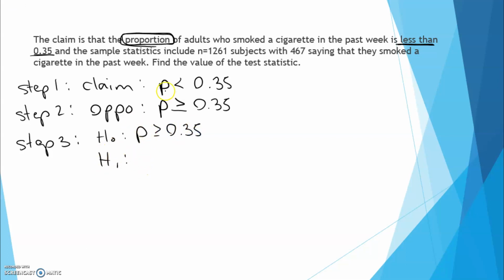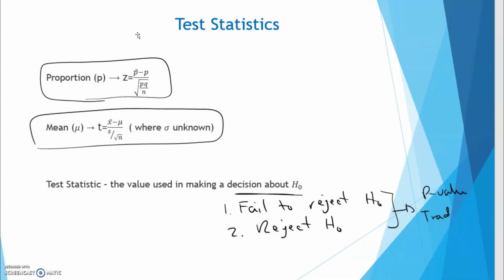And the alternative is the one that does not have the equal sign. Okay, our original claim is P is less than 0.35, which is the same thing as our alternative. So that's our claim right there. Okay, and then step 5, we're going to calculate the test statistic. Since we are looking at proportion, that means that we've got to use a z-score, the z-score formula here.